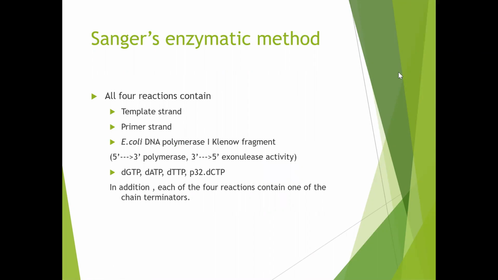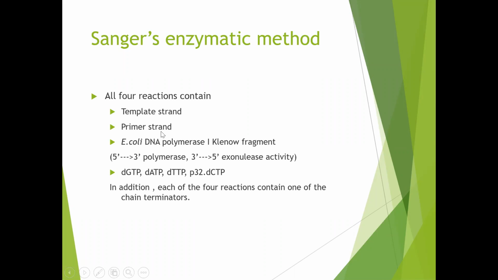So here also we carry out 4 parallel reactions in order to determine the nucleotide sequence of a given DNA fragment. All the 4 reactions contain the template strand, that is the requirement, the template strand in single strand form, and a primer is required.